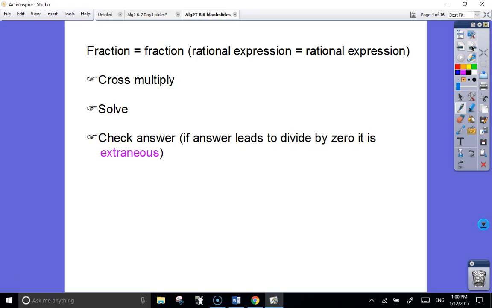Now we're going to plug it in the original equation and see whether it leads to a divide by zero. If the original equation ends up having a zero for a denominator when you plug in one of your answers, that's extraneous. Evidently, that clearly doesn't work either, but you're not going to get to a point where, if you plug it in and you don't have divide by zeros, there's an extraneous solution. The only time to get extraneous is because it led to a divide by zero. But it's still that same word, extraneous.